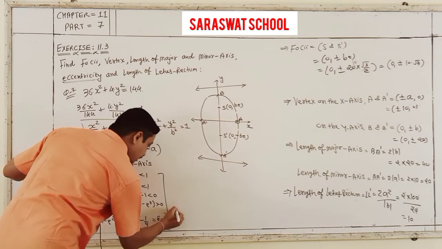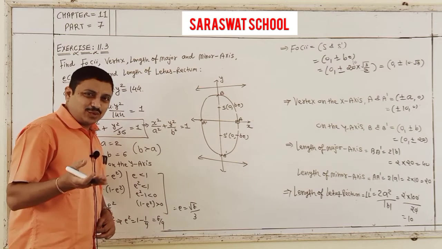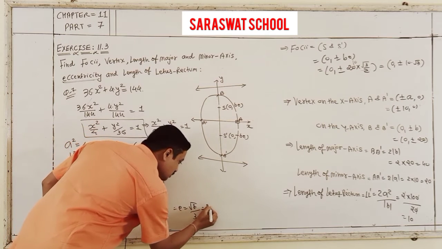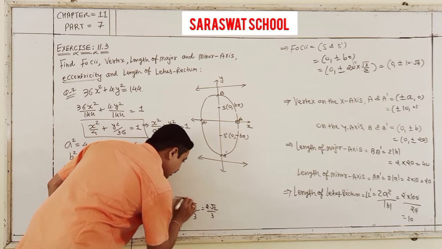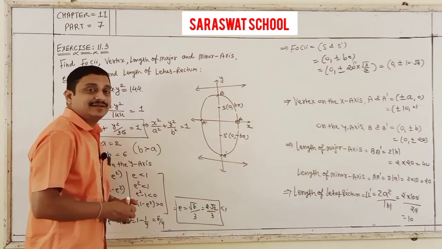So what is e? E is root 8 by 3, and root 8 you know is 2 root 2 by 3, and that is your e. Sure, it is less than 1.